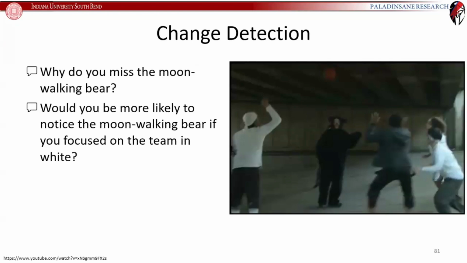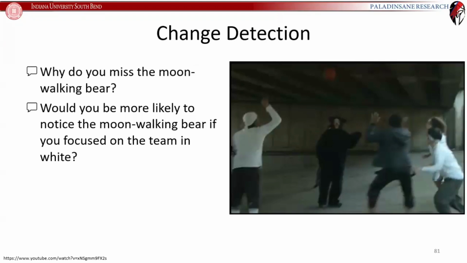A lot of people have asked, would you have been more likely to notice the moonwalking bear if you were focusing on the team in, actually, it shouldn't be white there, it should be black. So you were asked to count the passes that the white team makes. So you were literally in your mind switching on this serial processor for white teammates making passes, and you were not dedicating resources to processing anything else.